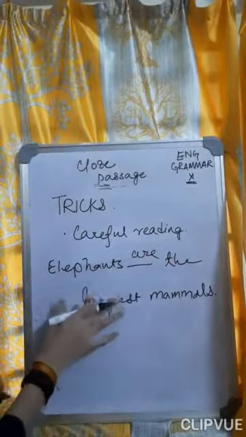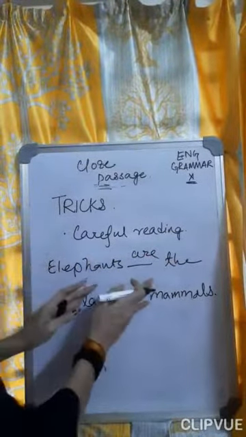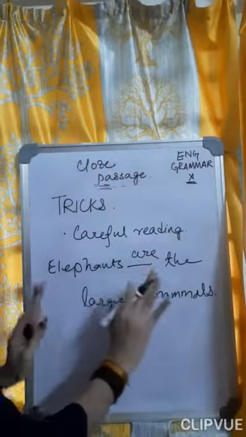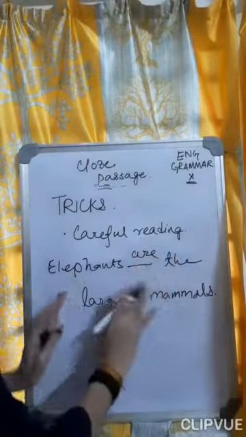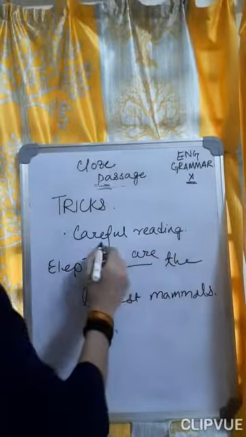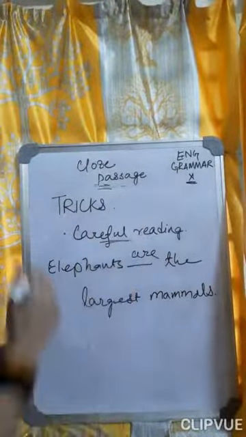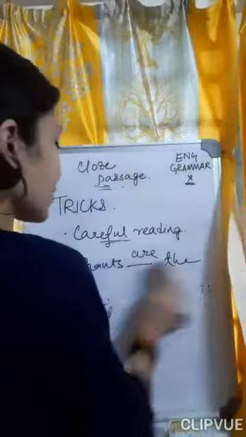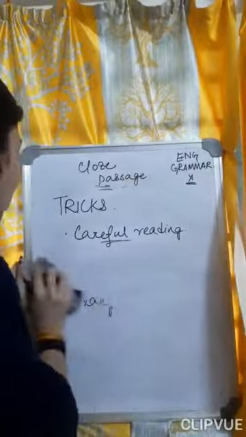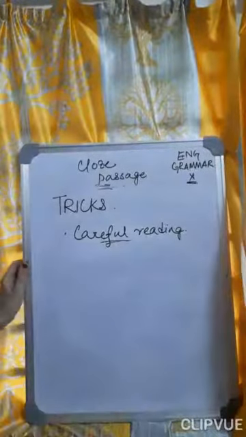This type of Hindi thought is going to come into your head when you read this line. So apply "are" over here. You're not going to apply "will be," the future tense. So careful reading will solve your cloze passage, even if you are unaware of the answer. No need to worry about this.